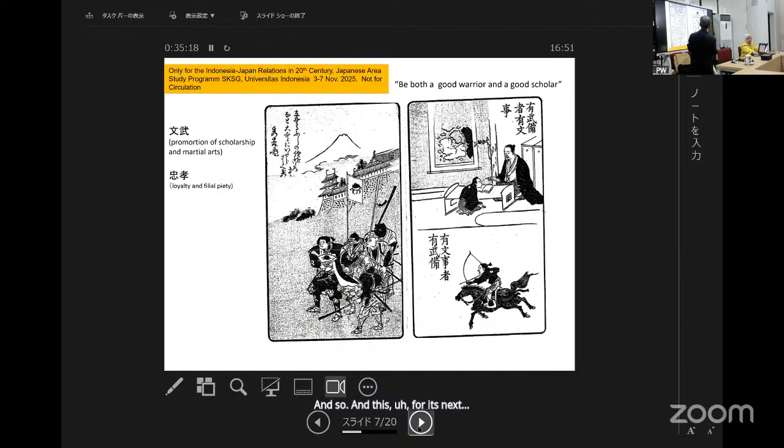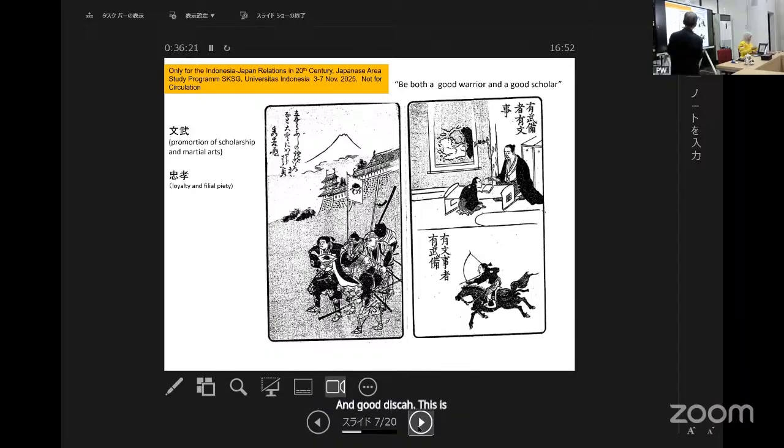And next, please. This is the guidebook of the Imperial Rescript on Education by the Emperor of Meiji, indicating you should become a good nation, a baby of the emperor. You should work hard, learn hard, and concentrate on your own study, and concentrate on military training. Be both a good warrior and a good scholar.